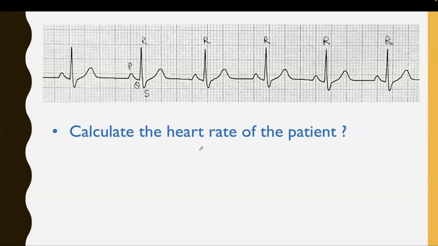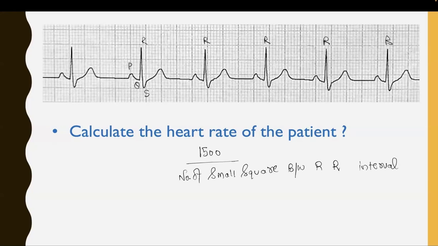The beautiful formula we have is 1500 upon the number of small squares between the RR interval. I'll repeat again: the formula to calculate the heart rate in ECG is 1500 upon the number of small squares between the RR interval.